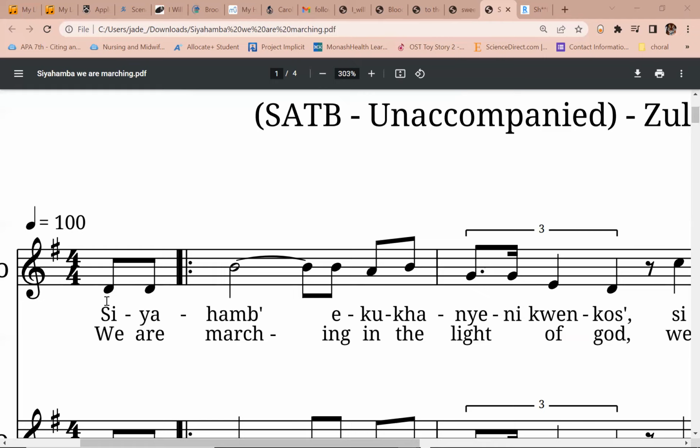And what about the next one? What's the interval between the and light? I'll give you a hint, it's a third. 3, 2, 1. In the light. And it's another third. Of. And it's a step. God. 5, 3.